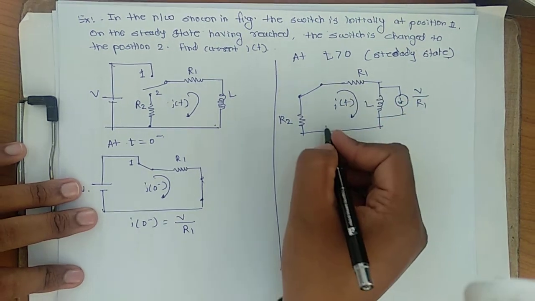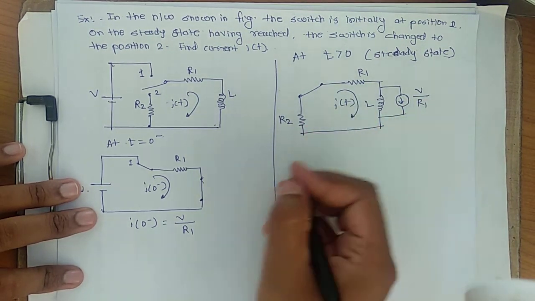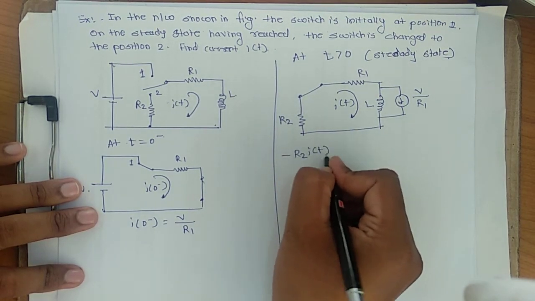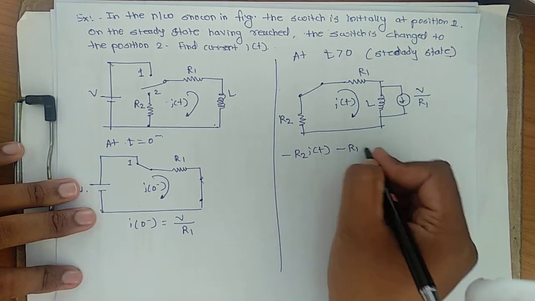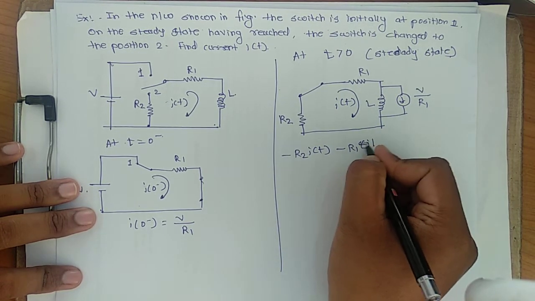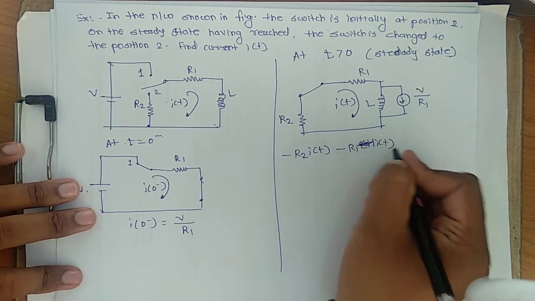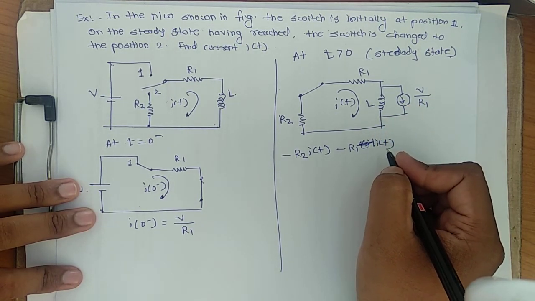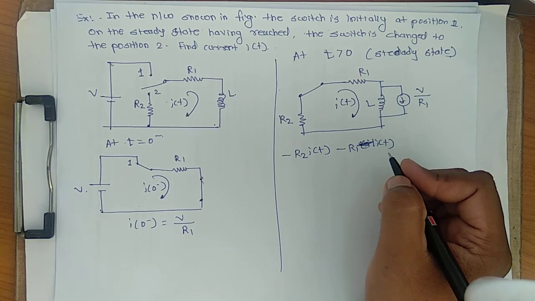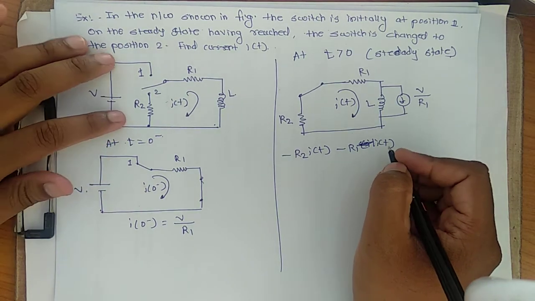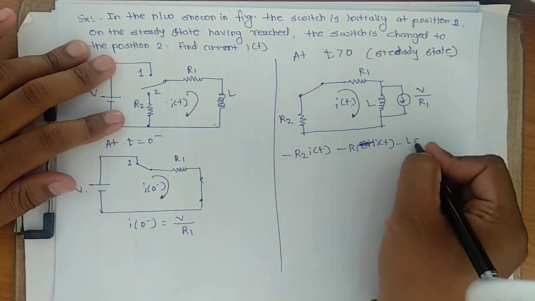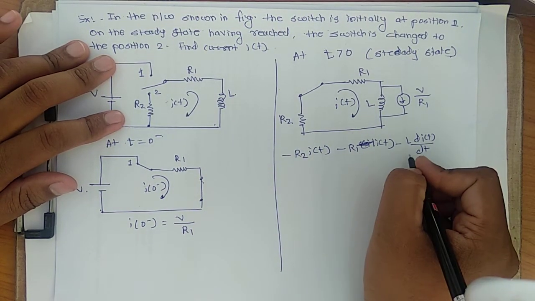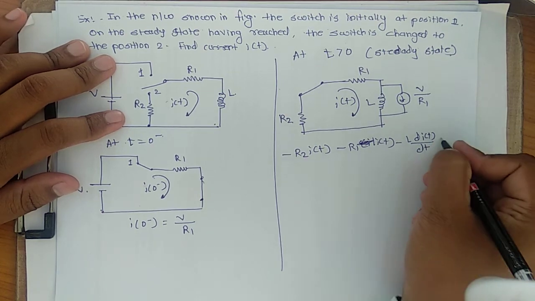Now if you are applying the KVL through this loop, what will happen? Minus R2 into current, that is I of t, minus R1 into I of t. And what about the inductor? The voltage across the inductor will be minus L dI of t divided by dt, equal to 0.